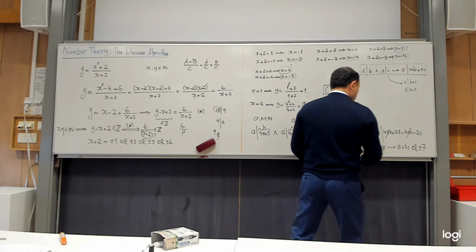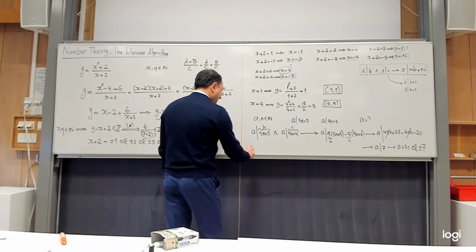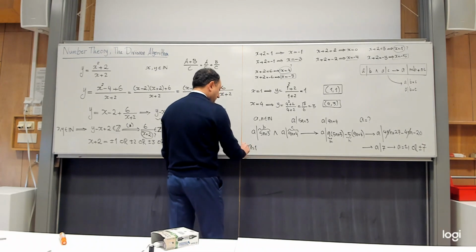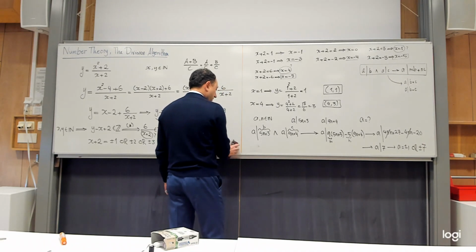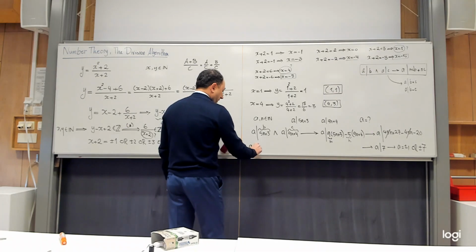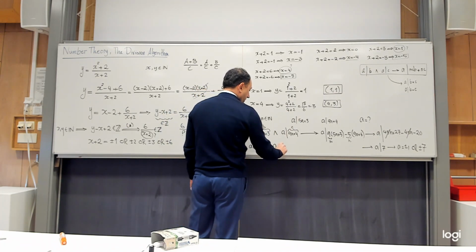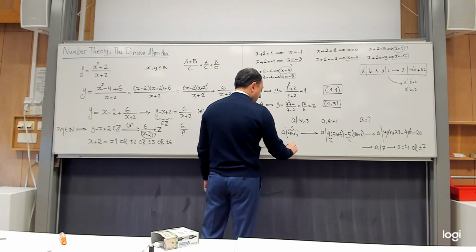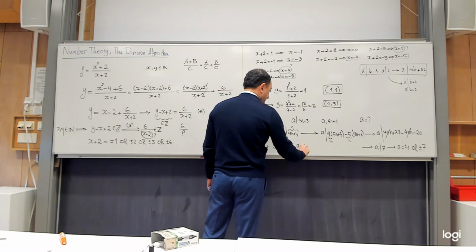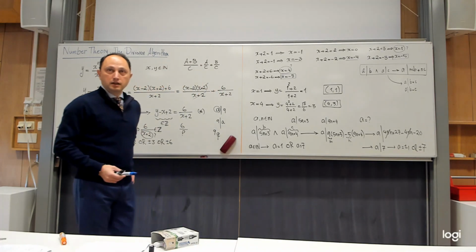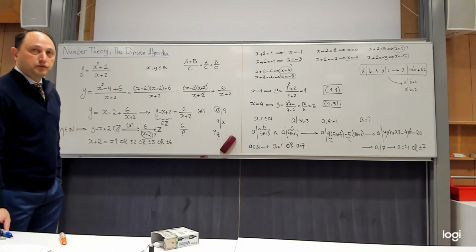So these are the only options. A belongs to N according to the problem. So this means that I have only two cases to consider: either positive 1 or positive 7. Yes? So these are the only possibilities for A.